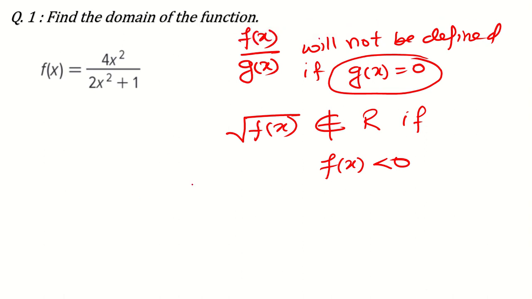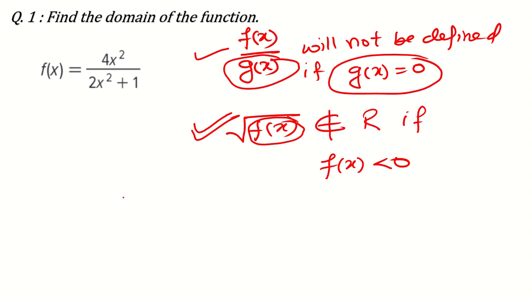Why? Because a square root with a negative value inside gives an imaginary number, not a real number. So only these two types of functions create the problem: a rational expression whose denominator is 0 for some value of x, or a square root function with a negative number inside the square root sign. If these are there, then only you need to be a little careful with the function.